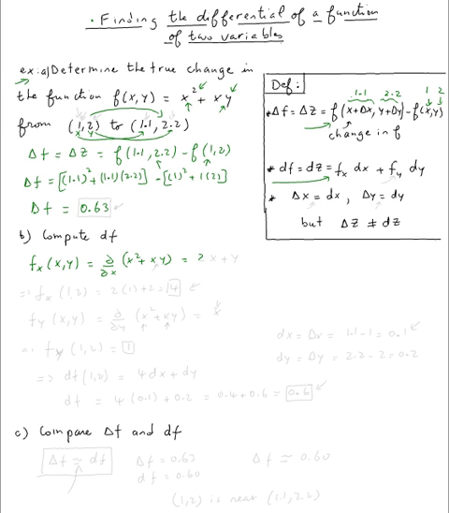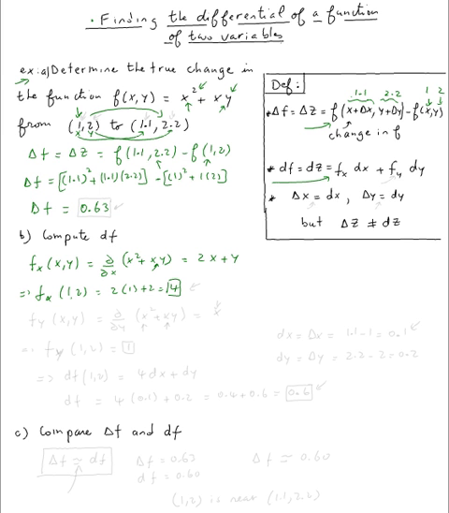This is going to be equal to 2x plus partial with respect to x of xy. Y is a constant, so that would be y. Now therefore, the partial with respect to x at the point (1, 2), we go by the first point, will be equal to 2 times 1 plus 2, which is equal to 4.